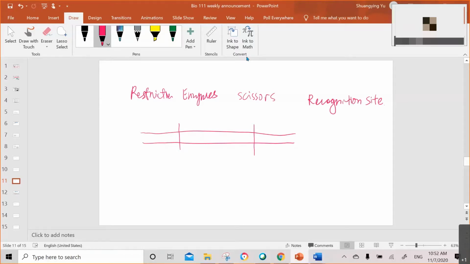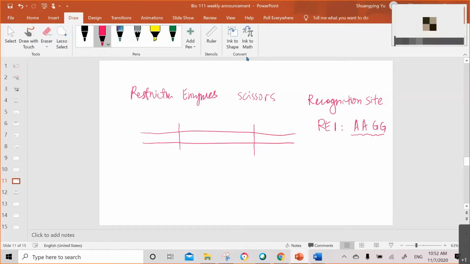So what they do is they scan the DNA strand, and once they see their recognition site, for example, let's say, I'm just going to make something up, this is not real. Let's say we have restriction enzyme number 1. It can recognize AAGG. So anywhere on DNA, when you see AAGG, this enzyme is going to cut DNA right there.